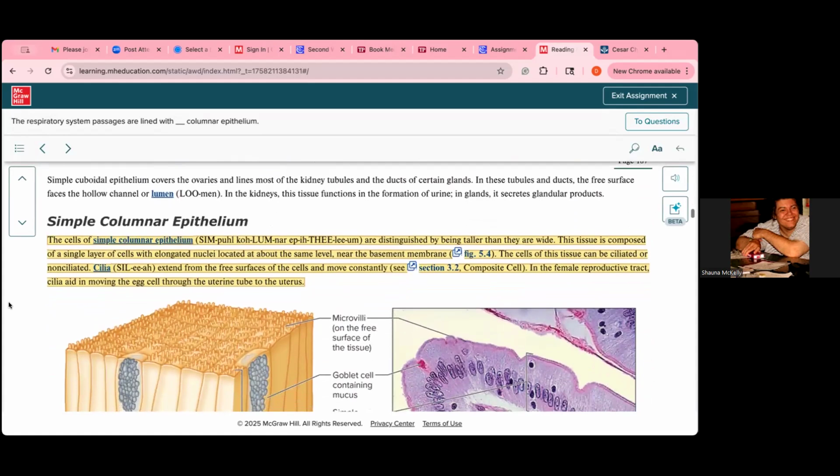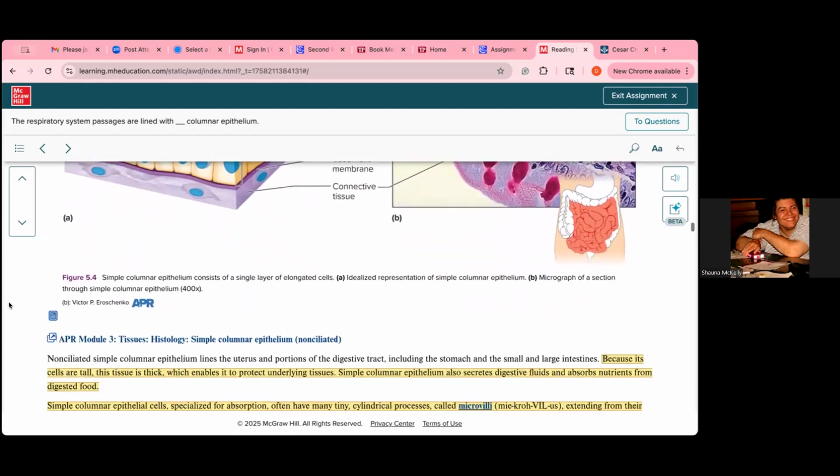Okay. So the cells of simple columnar epithelium are distinguished by being taller than they are wide. This tissue is composed of a single layer of cells with elongated nuclei located at about the same level near the basement membrane.